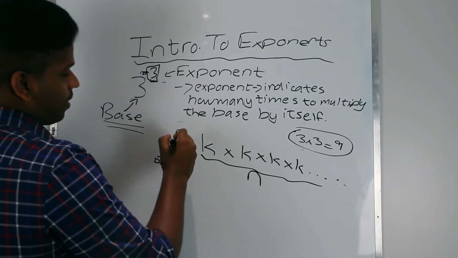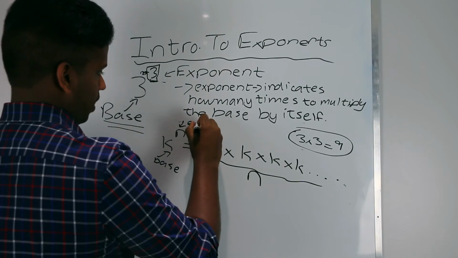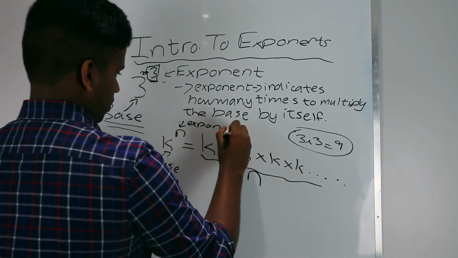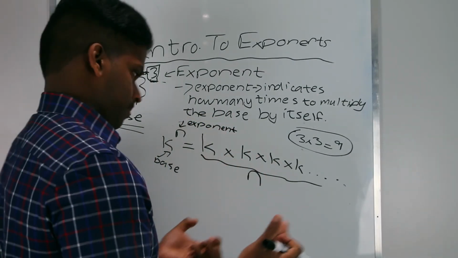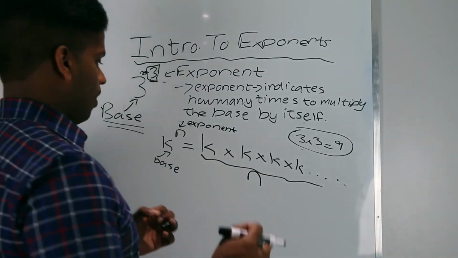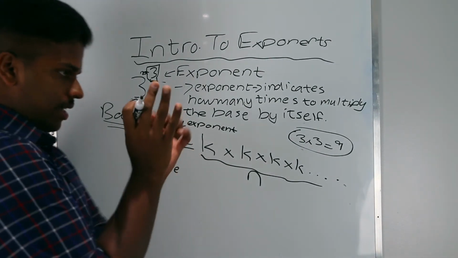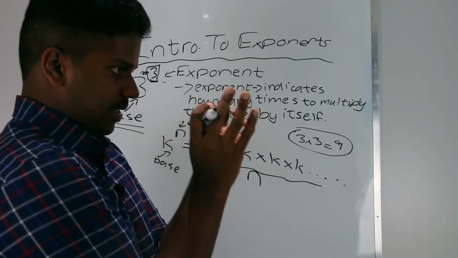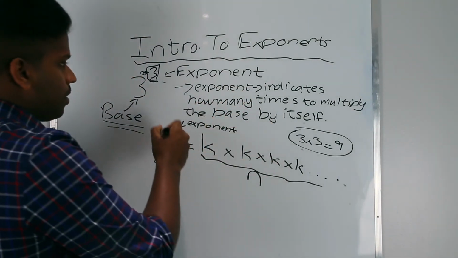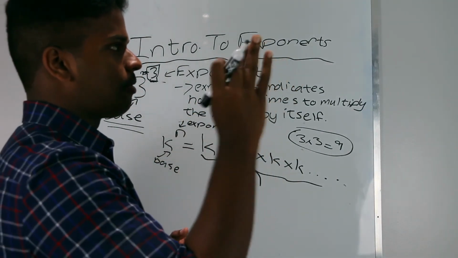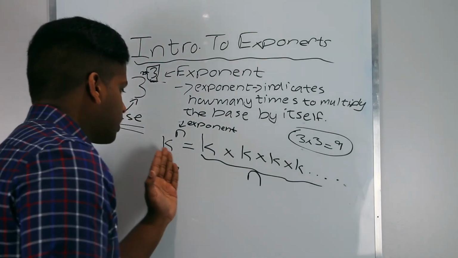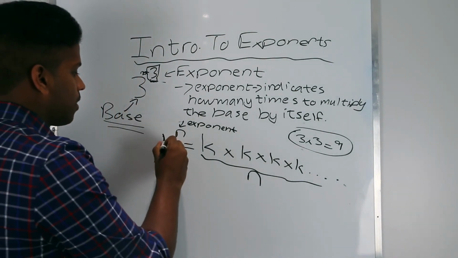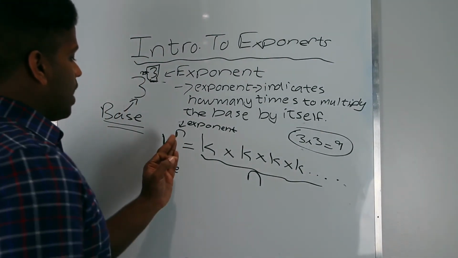See how the base is underneath the exponent, and the exponent is written in superscript form, at the top right hand corner of the base, smaller in size.